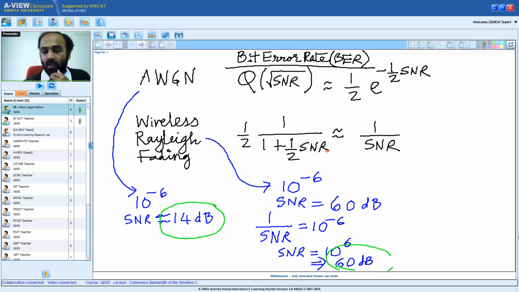So a very high SNR is required in a wireless communication system, which means a much larger transmit power is required. In fact, how large? Remember, this is in logarithmic scale. So basically it is 60 minus 14 dB, that is approximately 45 dB.